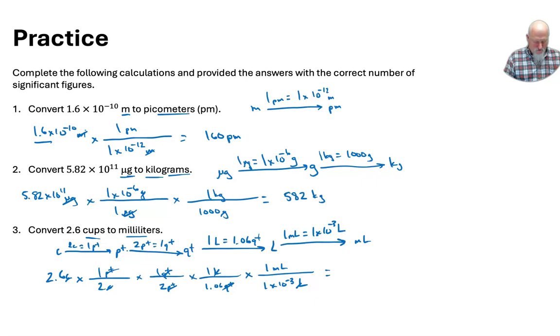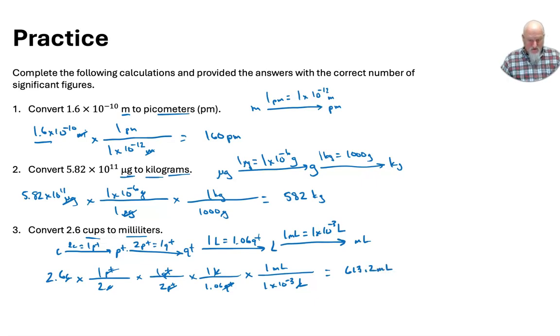So 2.6 divided by 2 divided by 2 divided by 1.06 divided by 1 times 10 to the negative 3, 613.2 milliliters.